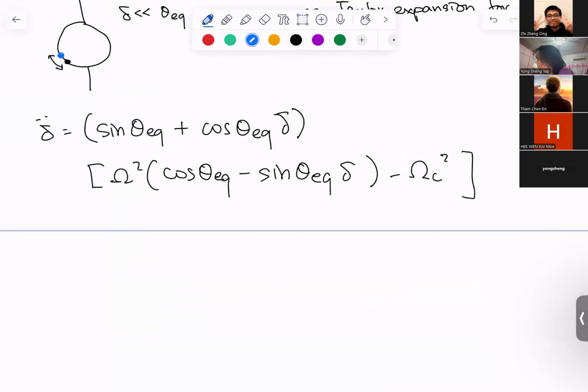So what do I mean by linearized? Now you see that there are only two powers of delta here. There are terms that are only proportional to delta to the 0, or constant in delta, and there are terms that are delta to the first power, and there's nothing else.